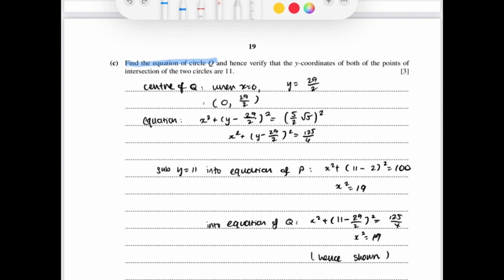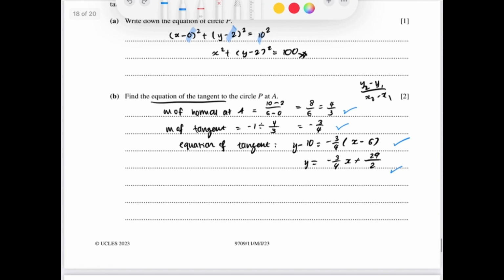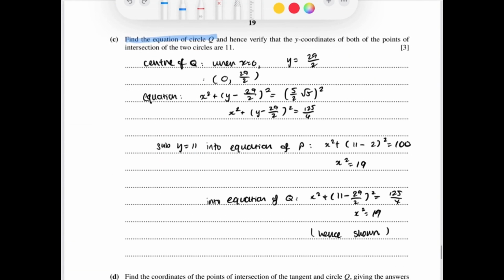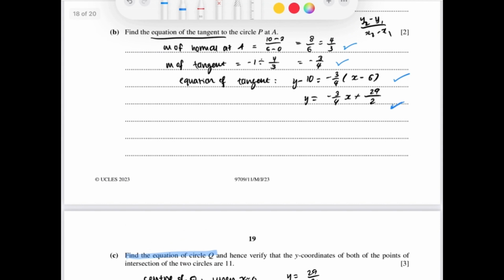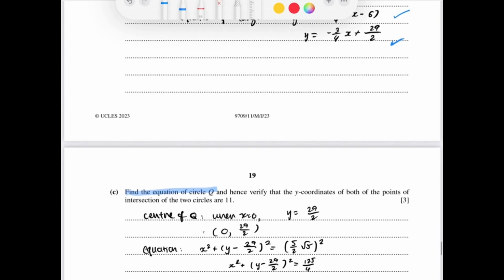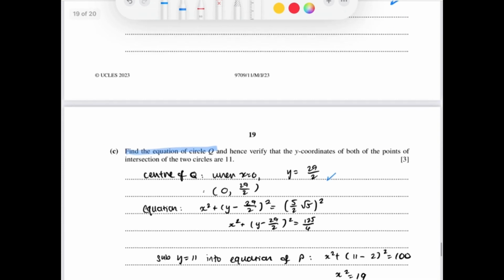We found the equation of the tangent, and to find the center of Q, we need to find where it meets the y-axis. That is where x is equal to 0. So I use the equation that we found earlier. Sub x equals 0, and you get y equals 29/2.